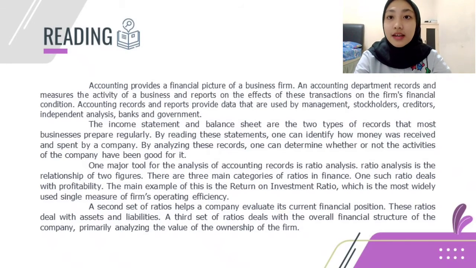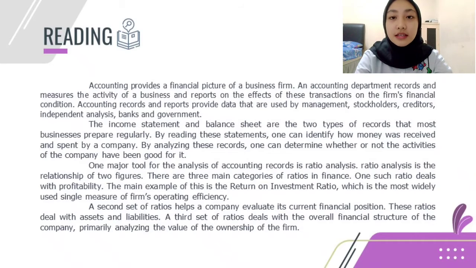There are three main categories of ratio in finance. One such ratio deals with profitability. The main example of this is the return on investment ratio, which is the most widely used single measure of firms' operating efficiency.